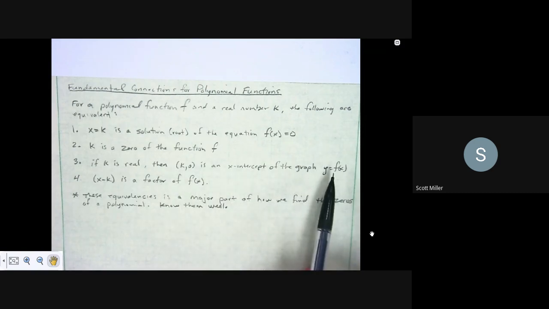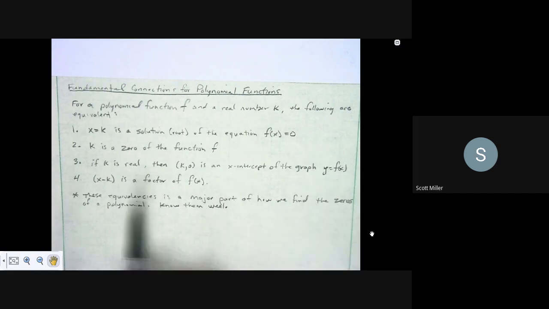And if k is real, then (k, 0) is the x-intercept of the graph of that function. And this one right here is very important. I've also told you that x minus k is a factor of that polynomial.